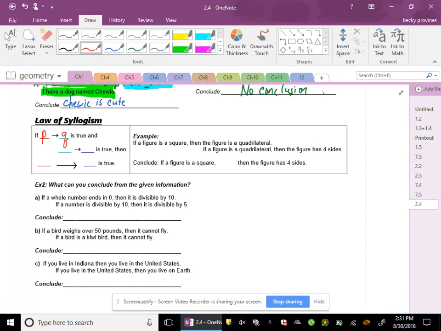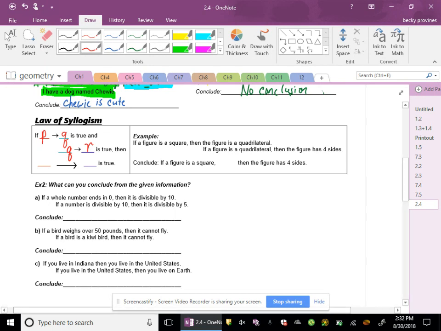Now, what we're going to do is take the ending of the previous sentence, if then you did well on the test, and make that the new beginning. So if you did well on the test, and then now we're going to have a new conclusion, and we're going to call that R. If you did well on the test, then your parents will be happy.